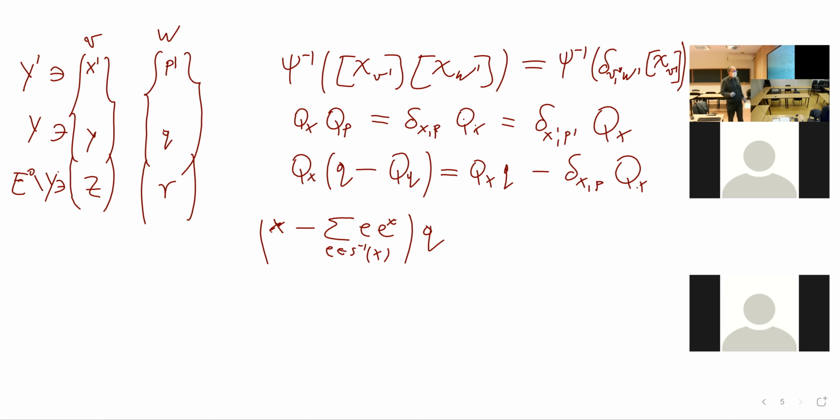All right, so I guess here the argument should be the following. I should remember that q is just a vertex.